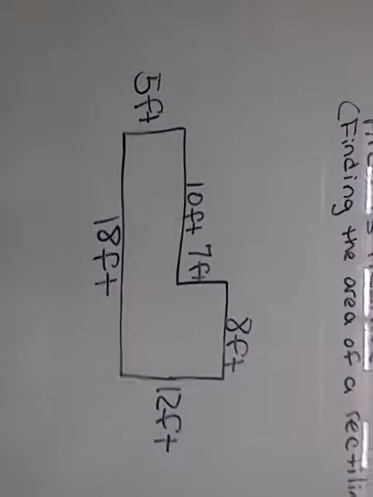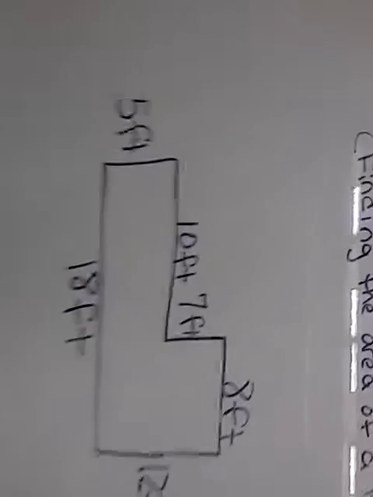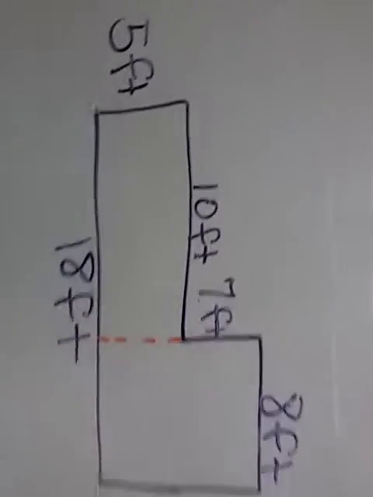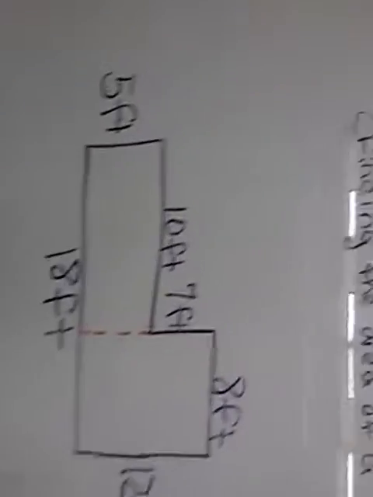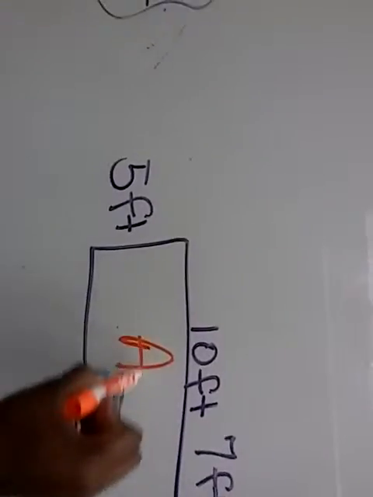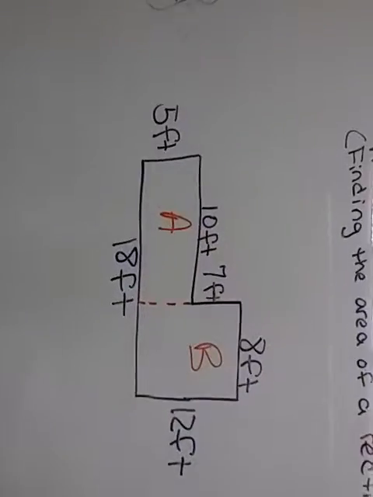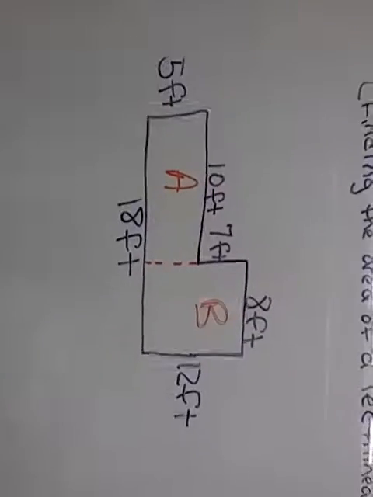Okay, so let's just say I want my rectangles to be divided this way. Let's just call this rectangle A and this rectangle B. So we have to find the area of each rectangle first.